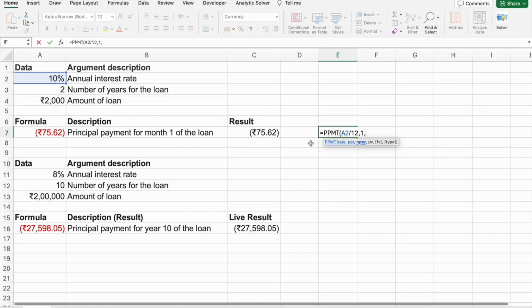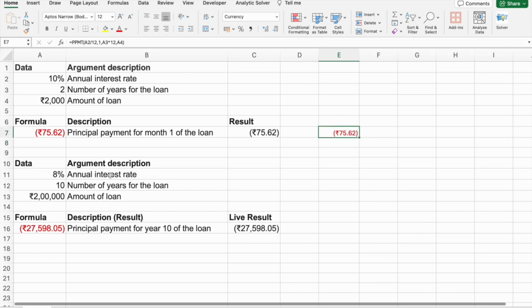Then NPER, here 2 years, so we have to multiply it by 12. Then here PV is 2000, and as you can see, the result is 75.62 rupees.